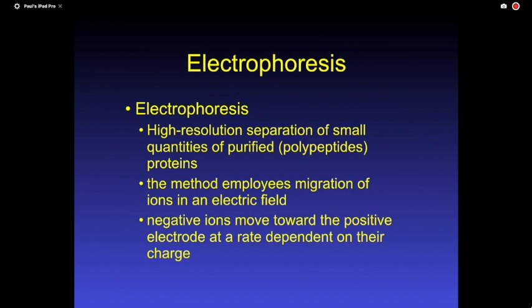Because you might purify your protein of interest that is very, very negatively charged. But here's the problem. In an entire cell extract, there are going to be proteins that are very, very negatively charged also. And so most likely you're going to get a mixture of very negatively charged proteins in your mix.